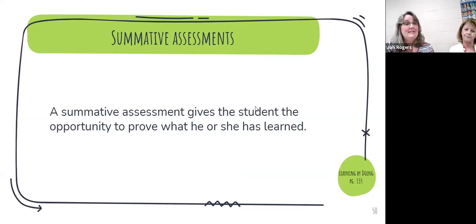And then just to sum it up, a summative assessment gives the students the opportunity to prove what he or she has learned. And like I said before, the biggest piece of advice that I can give is don't ever use these to critique one another.